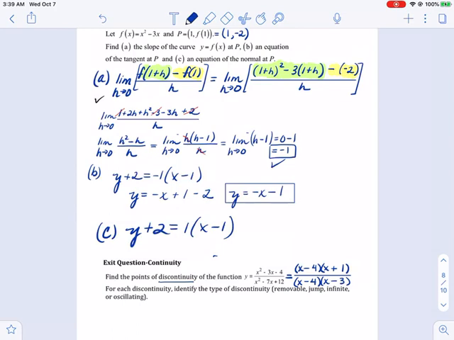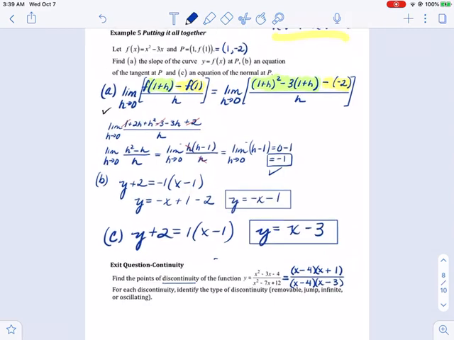So it'll go through the same point, and we get y is equal to x minus 1 minus 2, which is x minus 3. And these two lines must be perpendicular to one another then. Okay, that's it for that one.